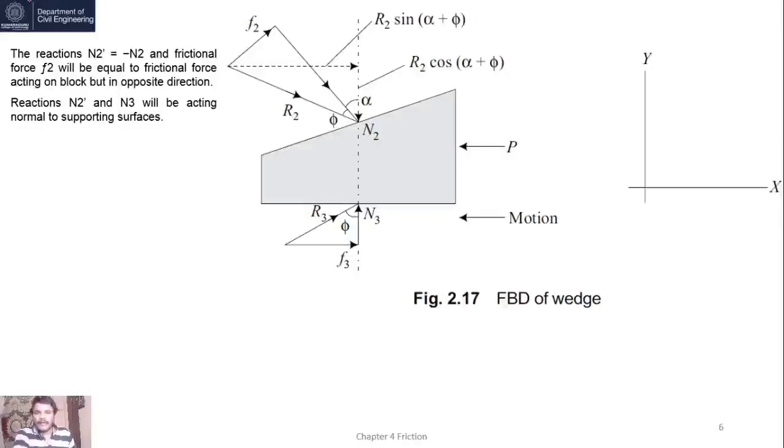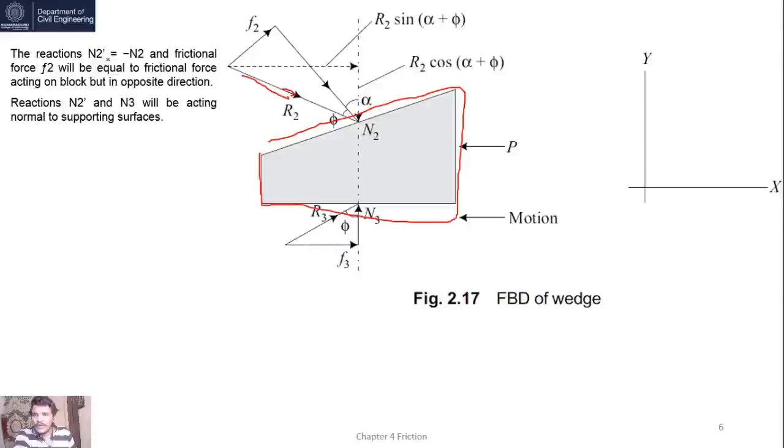Then I will move on to the free body diagram of the wedge. So this is my wedge piece. So here this is your R2 and this is the N2 normal force and this is the F2. So this is R3 normal to this surface, this is R3 and this is F3. So R3 is replacing F3 and N3, similarly R2 replacing F2 and N2.